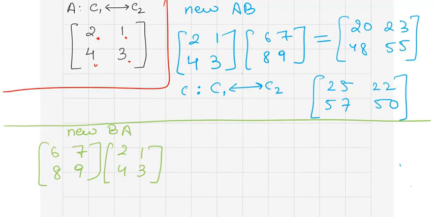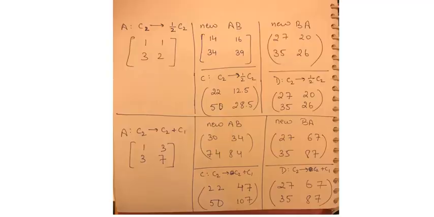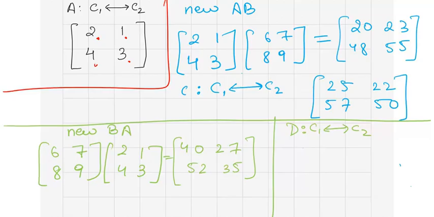And this comes out to be 40, 27, 52, 35. And when we apply the same column transformation to D, C1 is interchanged with C2. Then also we get the matrix 40, 27, 52, and 35.